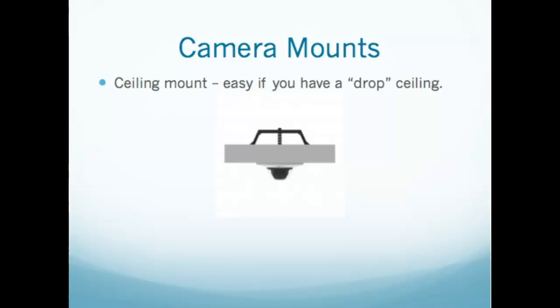And replace that tile that has the camera on it with one of the other ones of the same size and move the camera around yourself. Very easy to do, but when you install the camera, think about that. You want to have an installer put in extra wire whenever they put in a camera mount so that that camera can be moved anywhere in the room. Otherwise, they're going to have to rewire it if you want to move it. You can move it yourself if they've given you enough slack.